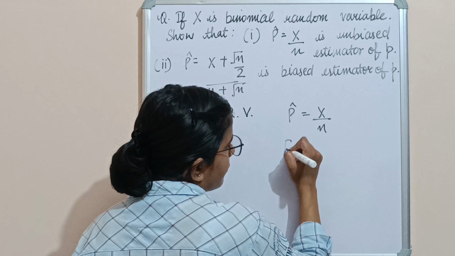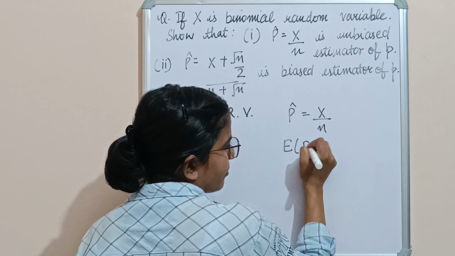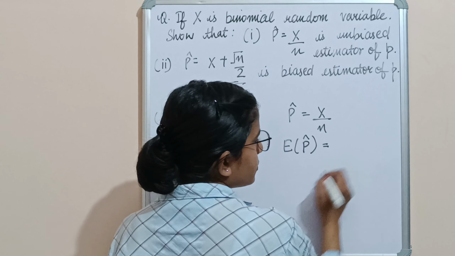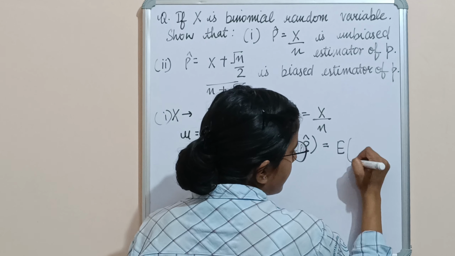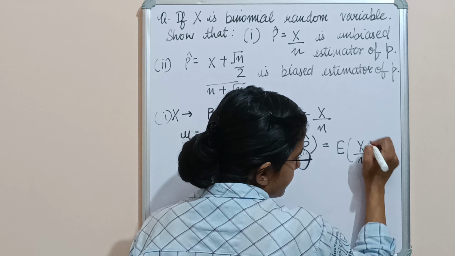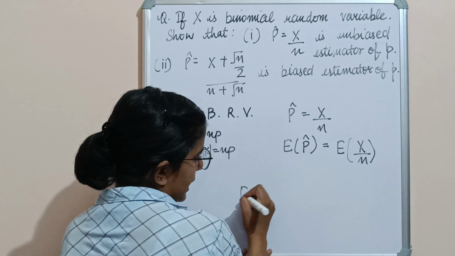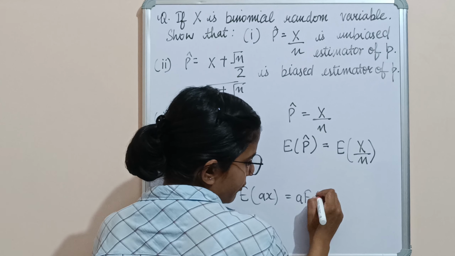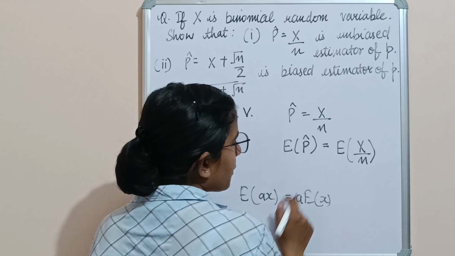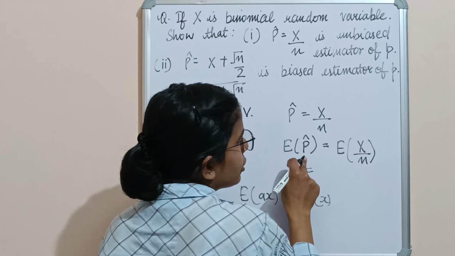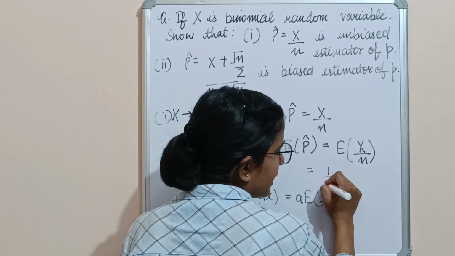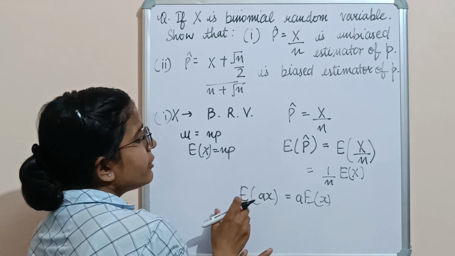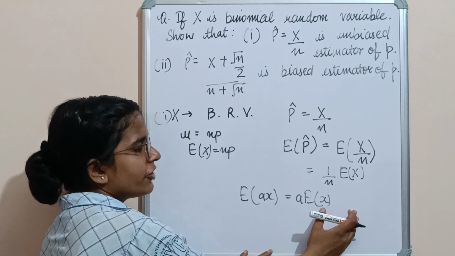Now, first we have to find expectation of p cap. Expectation of p cap will be equal to expectation of X by n. And we know that expectation of aX equals a times expectation of X. Using this property, expectation of p cap will be equal to 1 by n times expectation of X. And we already know that X is a binomial random variable.